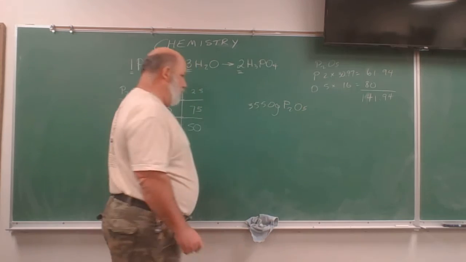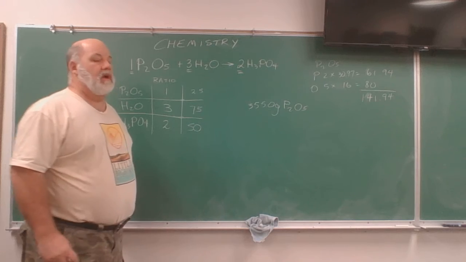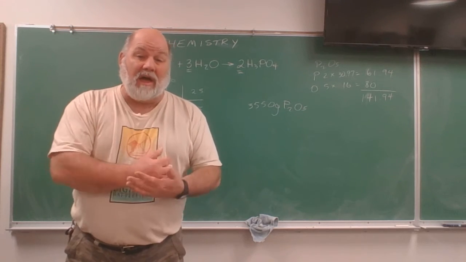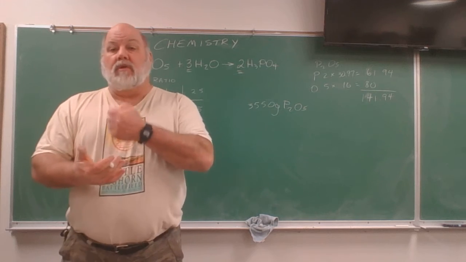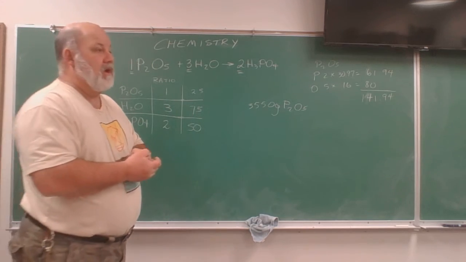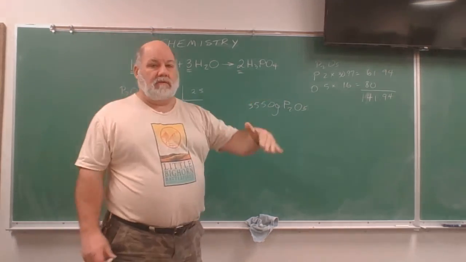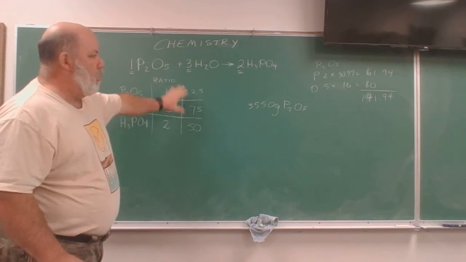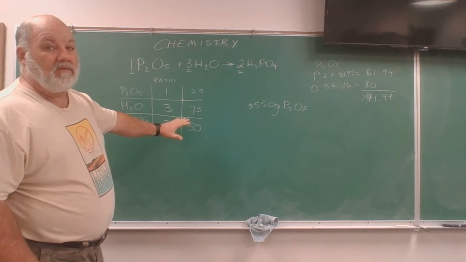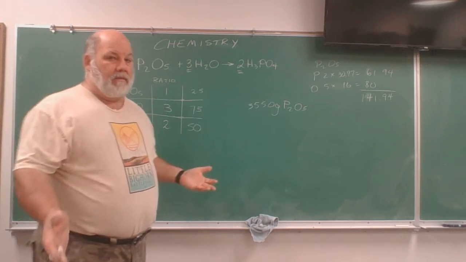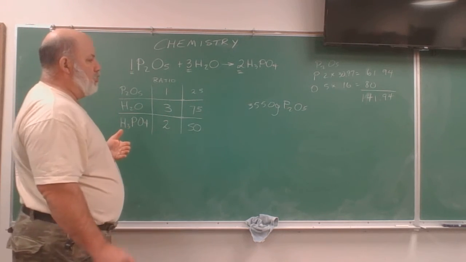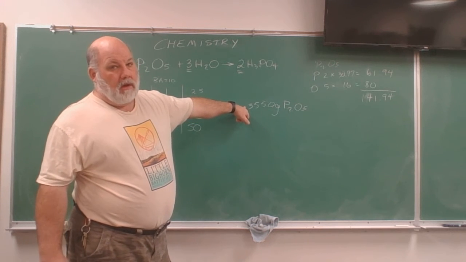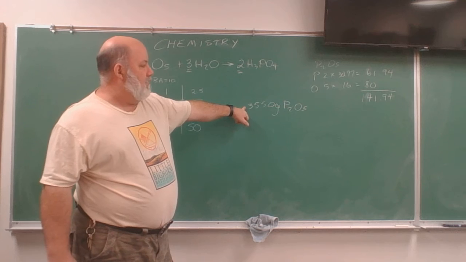And I mentioned earlier, in these problems, almost always, you have to find out how many moles you have of that substance. Once you get mass into moles, you can then do a mole ratio conversion, and move on to the next portion. So we have to figure out how many moles of diphosphorus pentoxide this is.